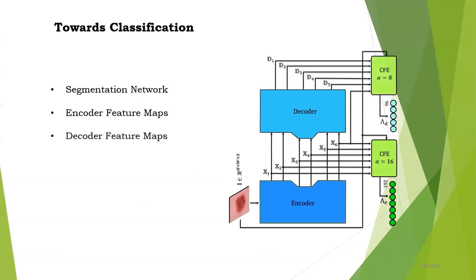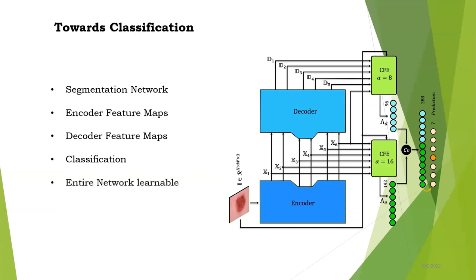Then we pass the decoder feature maps D1 to D5, as well as X6, to the CFE with alpha 8 multiplier, as well as the image, to get the lambda D 96 vector. Then we concatenate those vectors and predict the output, which is the classification type of the cancer lesion. The entire network throughout this process is kept trainable.